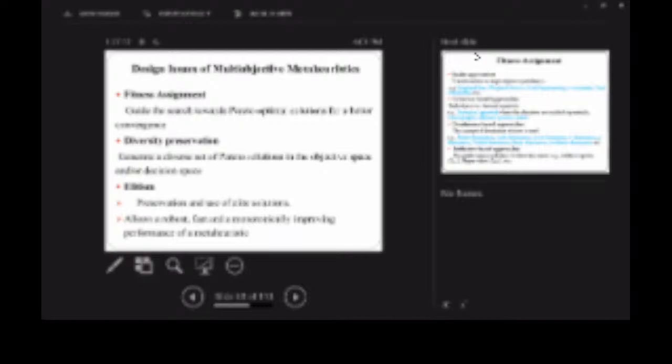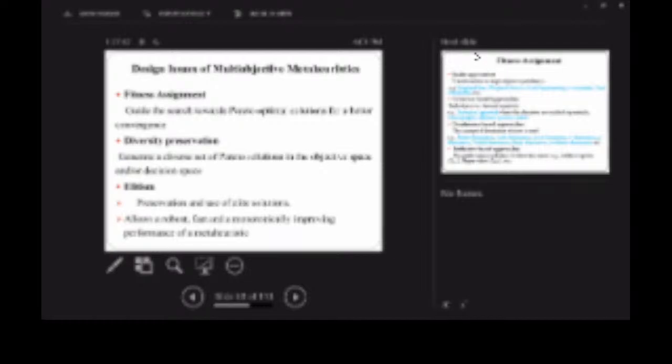The second is diversity preservation: generate a diverse set of Pareto solutions in the objective space or decision space. We can visualize it in the objective space, but the main concern is the decision space, because the solutions are important. Finally, elitism, which preserves the points in the whole spectrum.